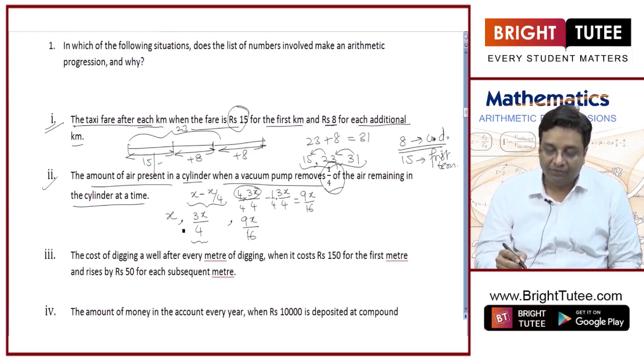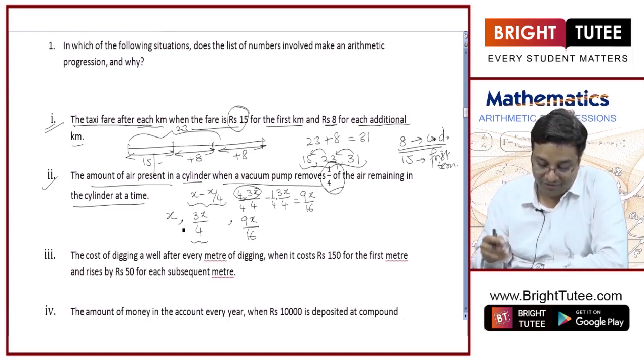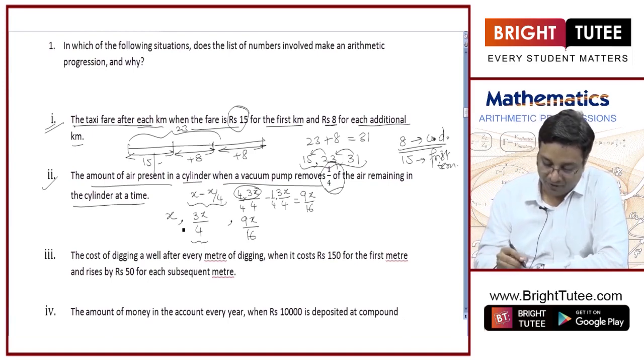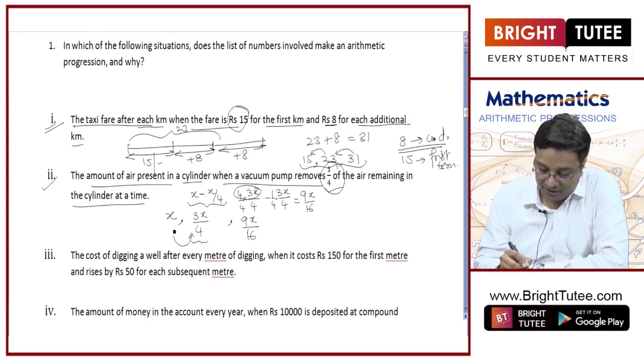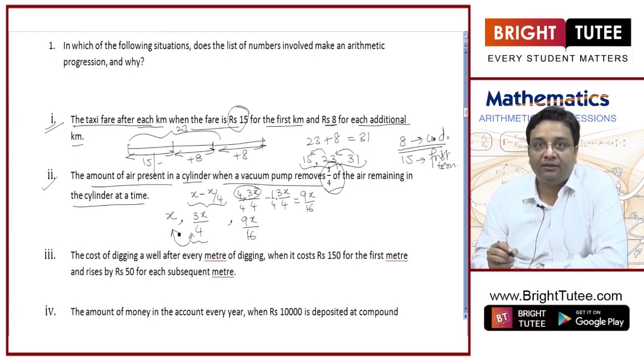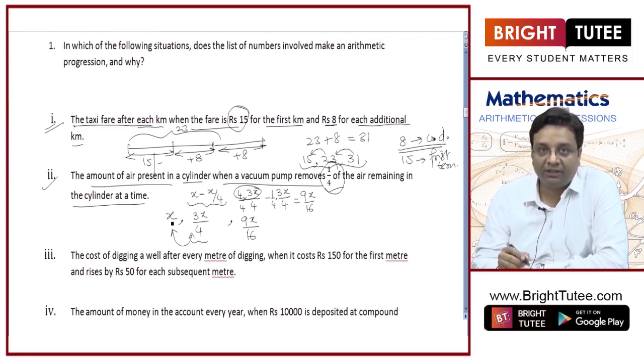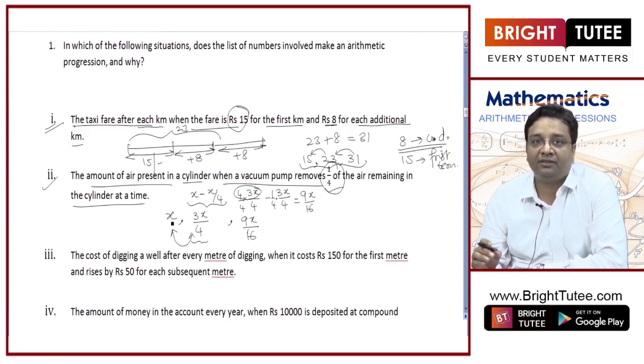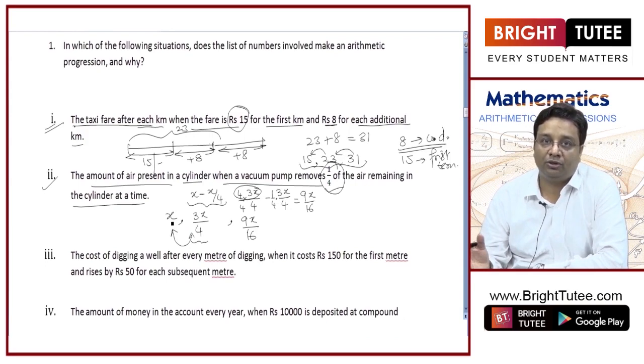Now let us see if this follows a sequence, and if it is an arithmetic progression or not. How will you find it? You will just subtract the previous term from the next term and see whether it has a common difference or not.